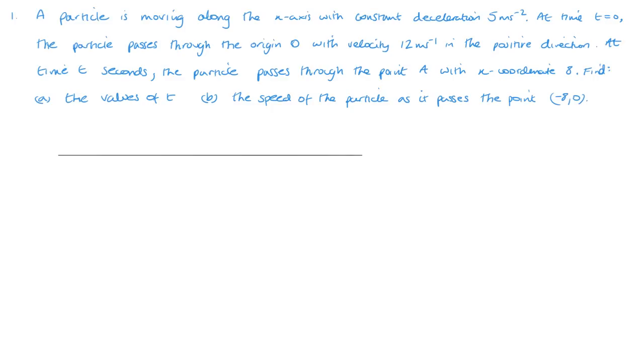So we'll start off here at the origin, and it's going to be a velocity of 12. This is going to be my positive direction. And we're going to go to 8. It's going to be a constant deceleration, so -5.